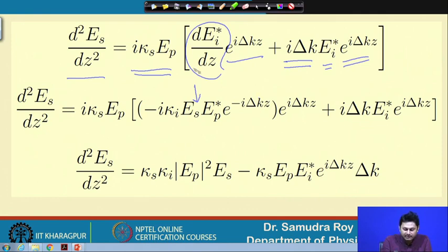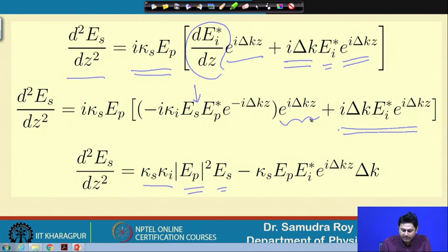So, I replace this dE i star by dz here, and whatever terms we have, we just write in this way. When I replace this, I will now have two terms, this plus this. So, i kappa E p, if I multiply the first term, I get i times minus i equal to 1. So, kappa s kappa i will be there, E p star gives me E p mod square, and E s.